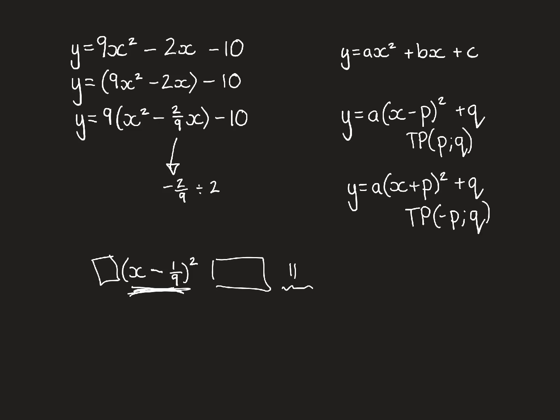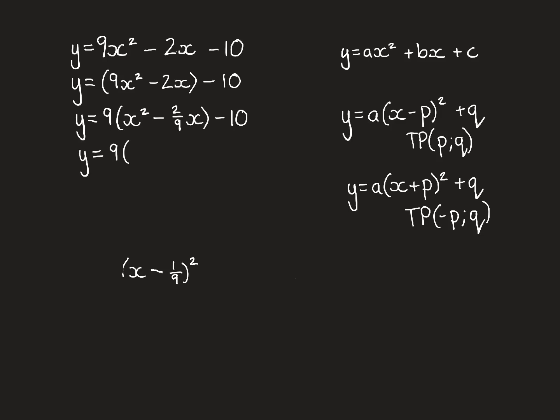So that's the brackets that I'm hoping for. I've got x minus 1 over 9 squared. In order for that to work though, I need to do some magic in those brackets. Everything else is going to stay exactly the same.